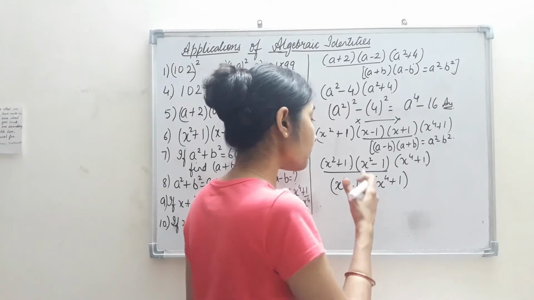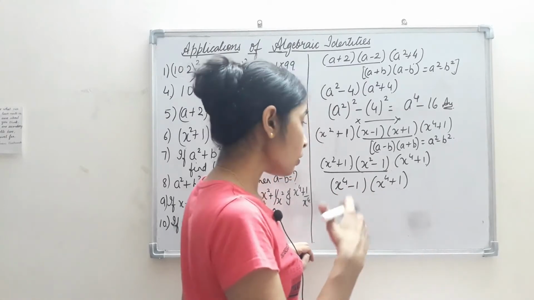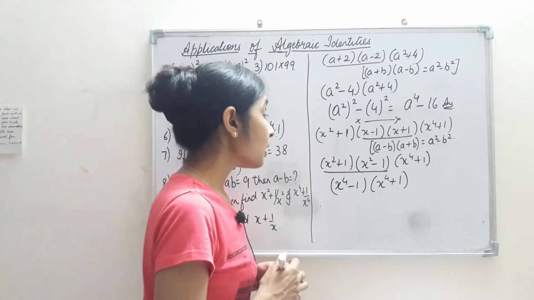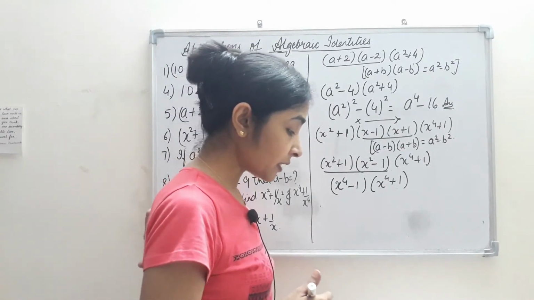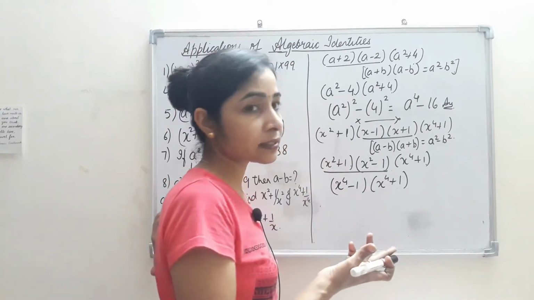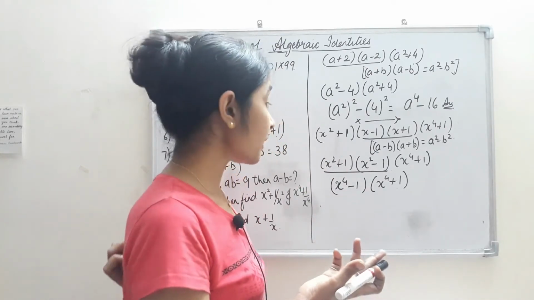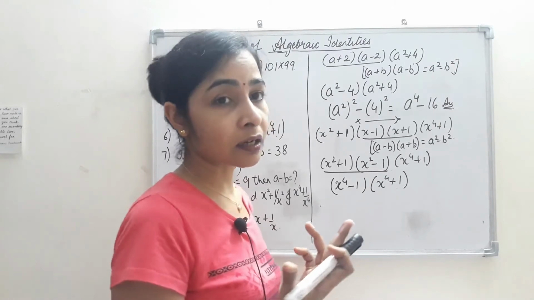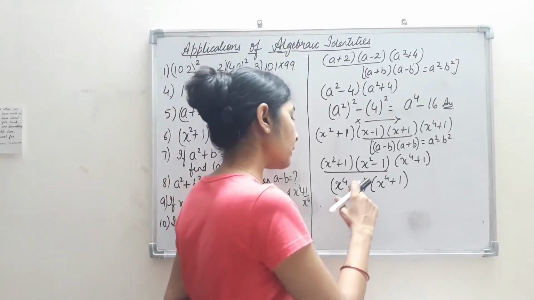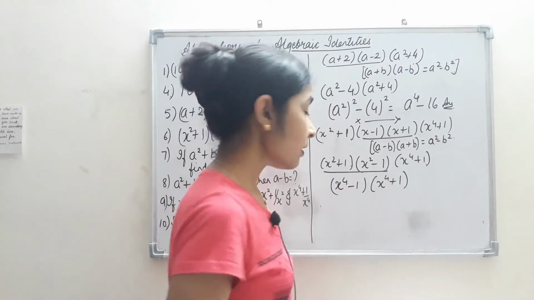The x raised to the power 4 whole square. When we are having x raised to the power 4 whole square, then that means what we are supposed to do? x raised to the power 4 multiplied by x raised to the power 4. We will just add the powers, and after that 1 into 1 gives us 1 itself.